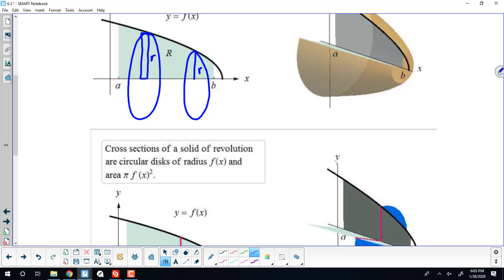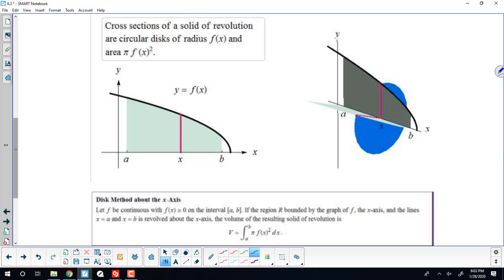So the radius in this instance varies, and the radius is determined by the elements running this way, which are always the top minus the bottom. Here it's just the function minus 0. So the radius in all of these instances is just f of x minus 0. Okay. So that's the top minus the bottom.